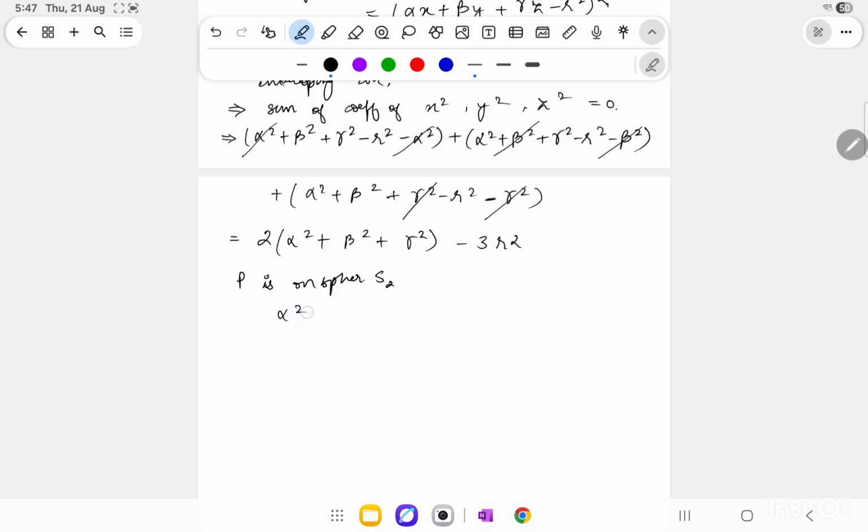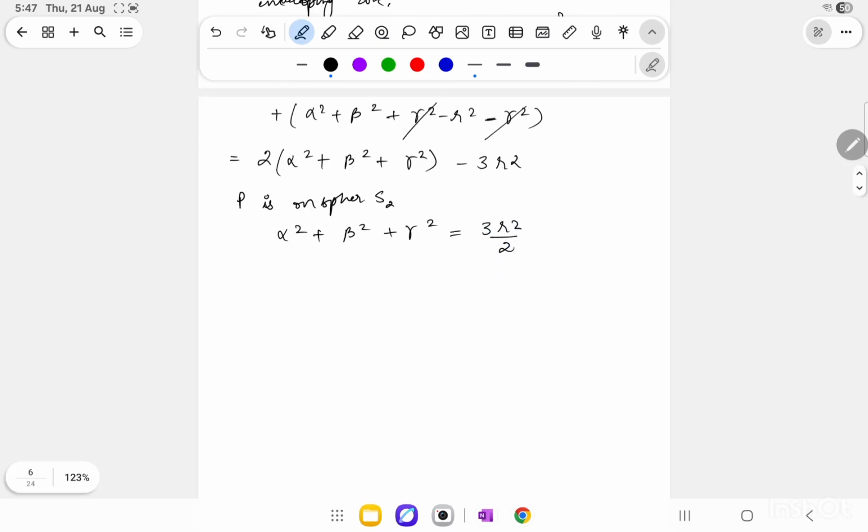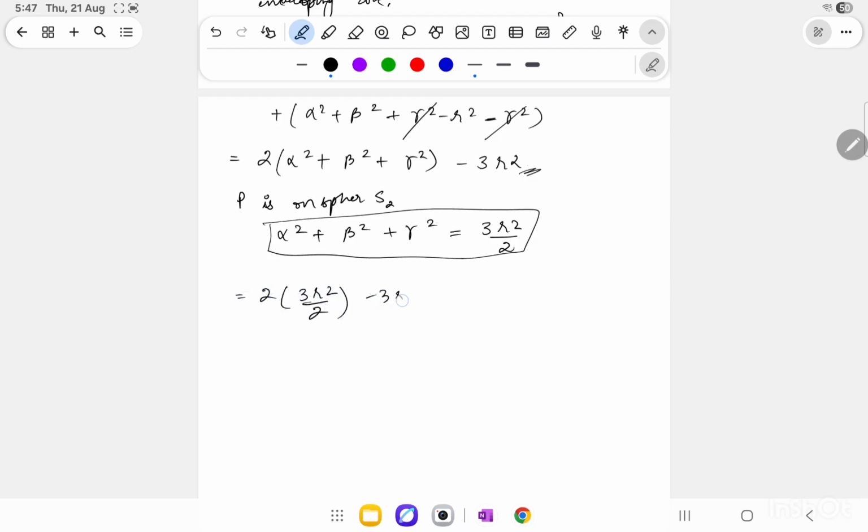So from there I'll get alpha square plus beta square plus gamma square equals 3r square by 2. Using this relation in this equation, I'll get 2 into 3r square by 2 minus 3r square, which is basically 3r square minus 3r square, which is equivalent to 0.